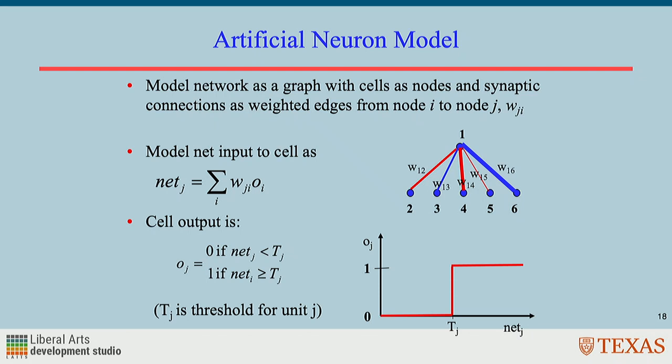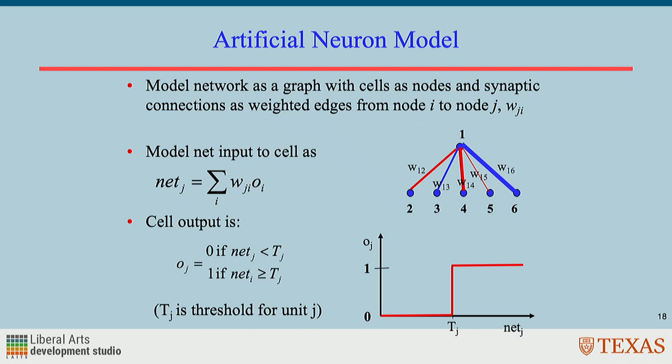The idea in this diagram is the red lines indicate excitatory connections, and the width of the line is how strong it is, and then the blue is meant to be negative. So you have different strengths and directions of connectivity, and if I sum all of that activity up, if it exceeds a threshold, then the neuron fires off. So that's what this so-called step function illustrates here: if the net input exceeds some threshold, then it fires off a cell. Its activity becomes 1.